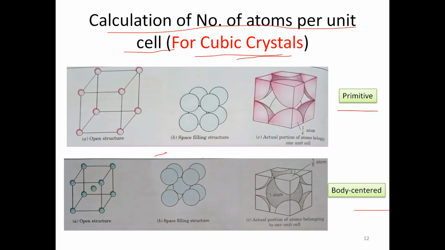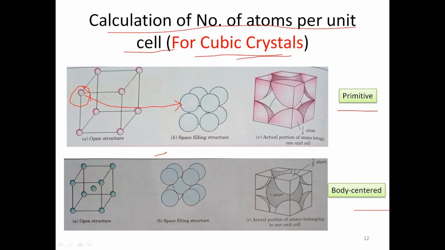Look at the pictures and try to visualize how such a crystal looks. If you see properly, there are 8 lattice points per unit cell, and each lattice point contains one constituent particle.